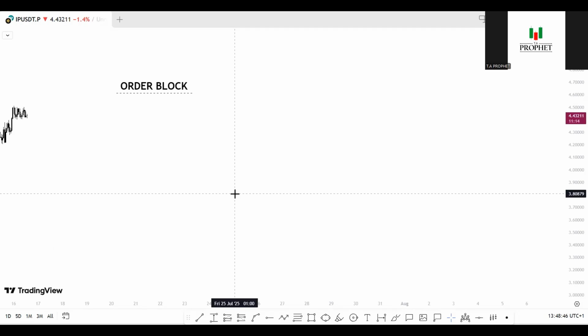There are key levels on your chart where large institutions, like the banks and these big guys that trade with big money, execute their buy or sell orders. Do you understand?